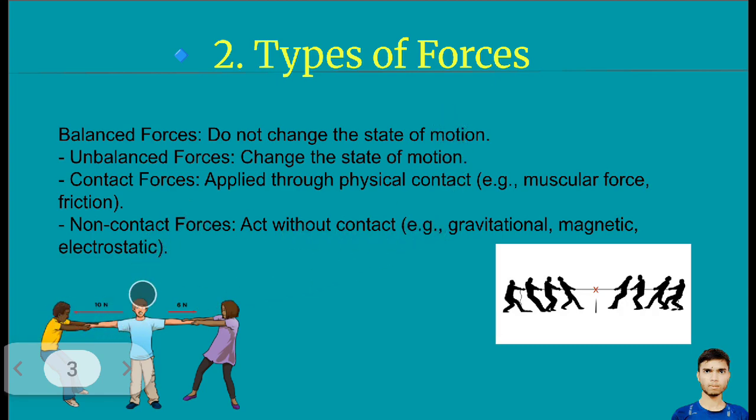So this figure is an example of unbalanced force, and this figure is an example of balanced force. And here this is a contact force, which force? Muscular force. And in this also, contact force, muscular force. Always remember.